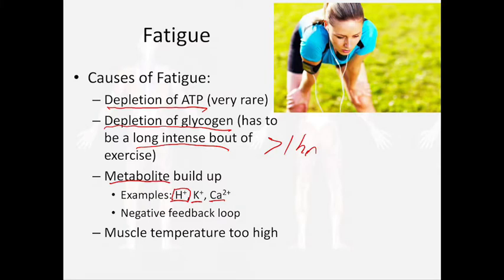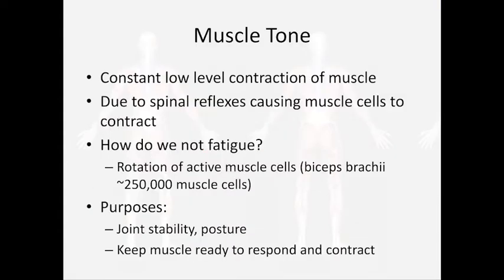So all of these things are what's known as a negative feedback loop, where we need these things to do certain activities, but if we have too much of them, then it actually shuts things off. Another important factor is when the muscle gets too hot, and that happens when we're breaking down ATP and contracting muscle, we produce a lot of heat. So all of these things get in the way of us exercising more, and might lead to fatigue.